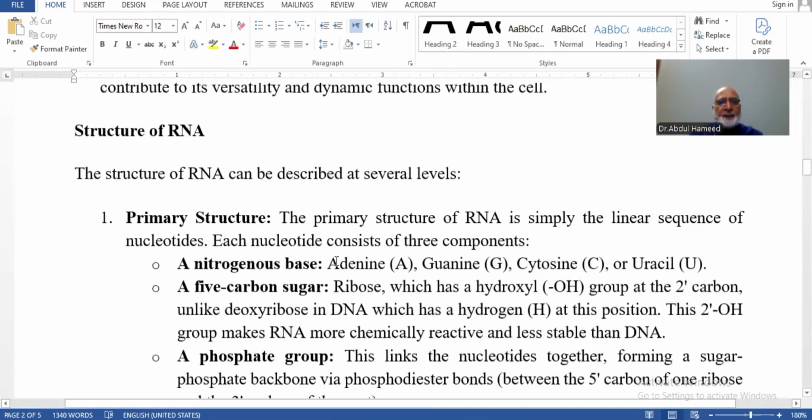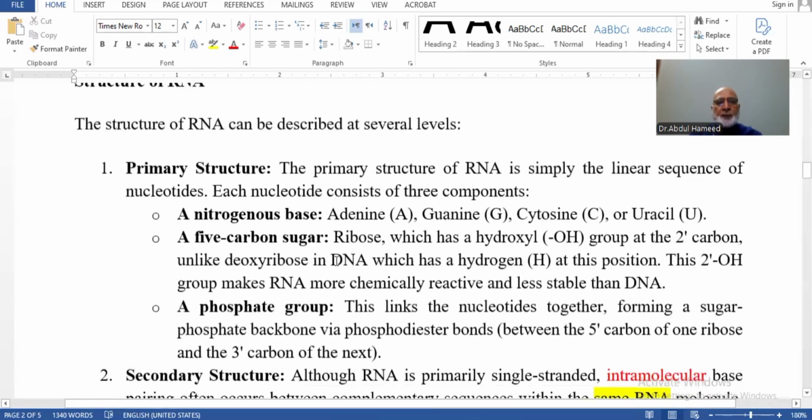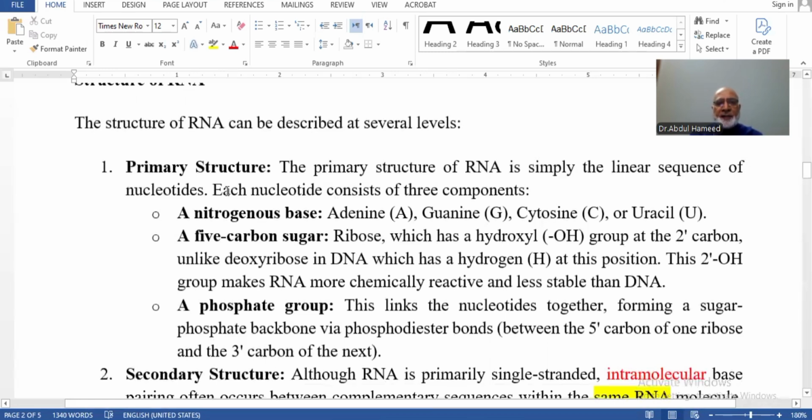So, structure-wise, if we talk about the primary structure of RNA, the primary structure of RNA is simply the linear sequence of nucleotides, ribonucleotides, in it. So, nitrogen bases: adenine, guanine, cytosine, uracil; 5-carbon sugar, ribose, as compared to deoxyribose, where at carbon number 2 the oxygen is less, but in this case, oxygen is there.